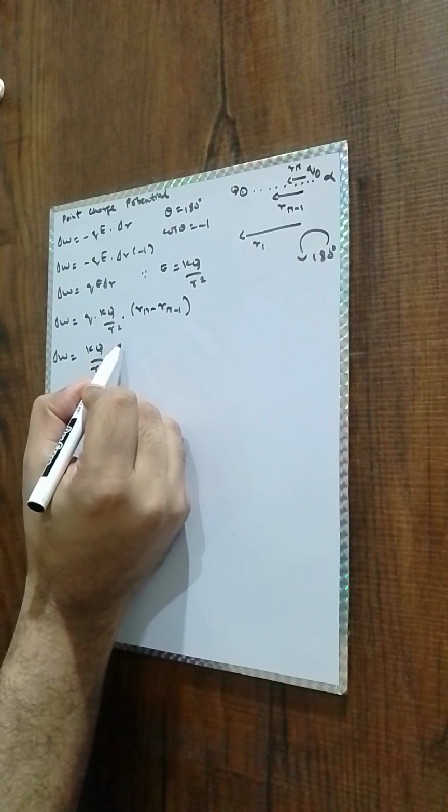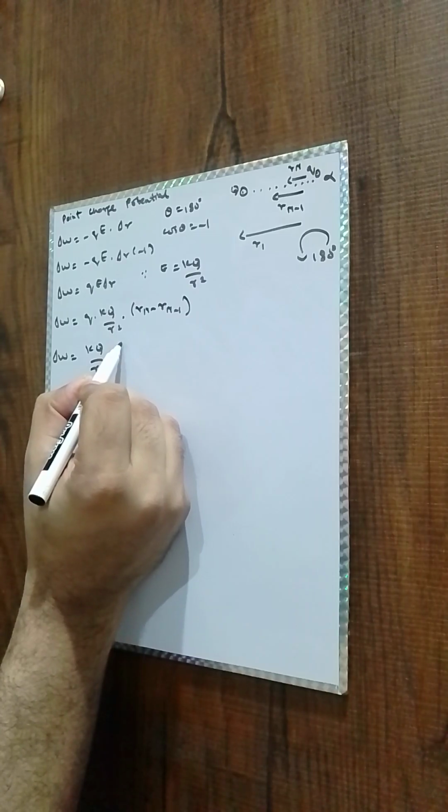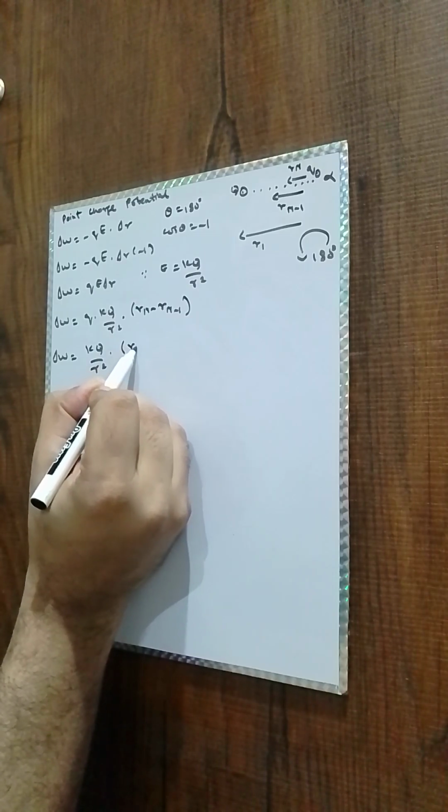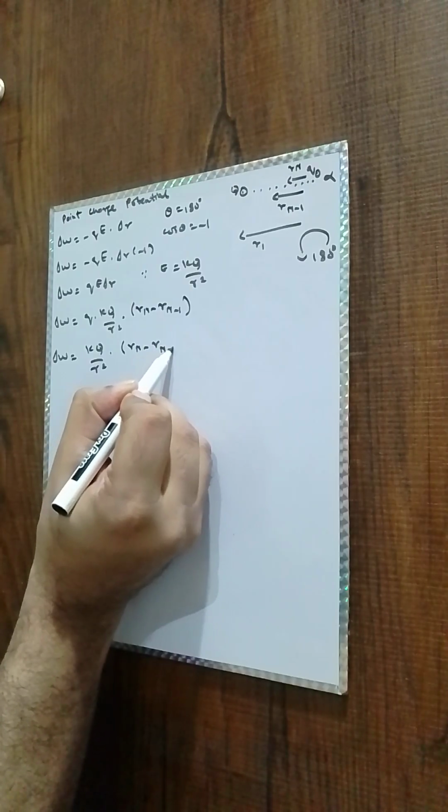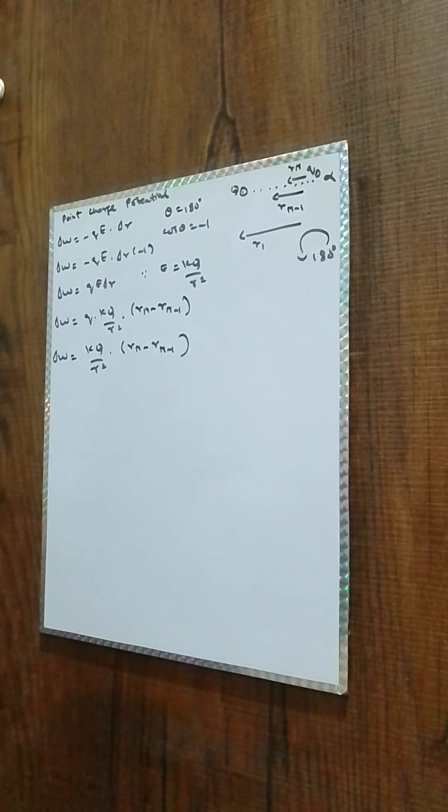In this case, let's say delta R is equal to Rn minus Rn minus 1. Yes, the differential displacement from point 1 to point 2 and point 2 to point 3.